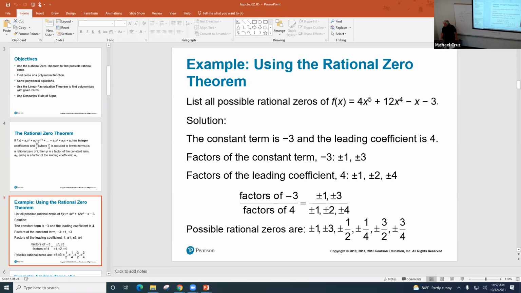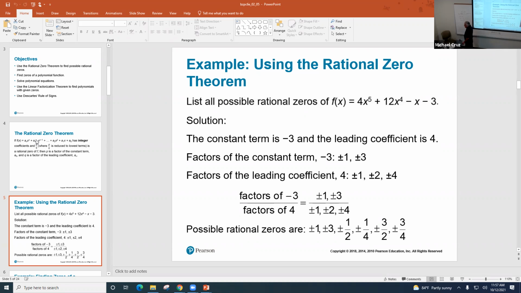Gobbledygook. So let's just say we've got this function, 4x to the 5th plus 12x to the 4th minus x minus 3. Now, there are two terms: you've got what's called the constant term, and then you've got the leading term.